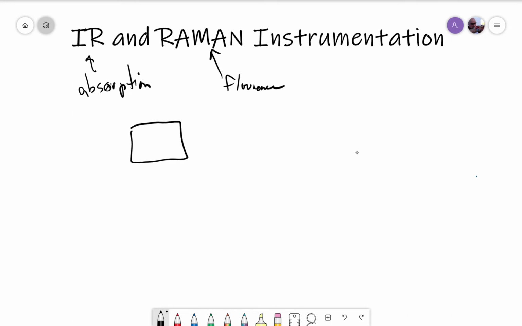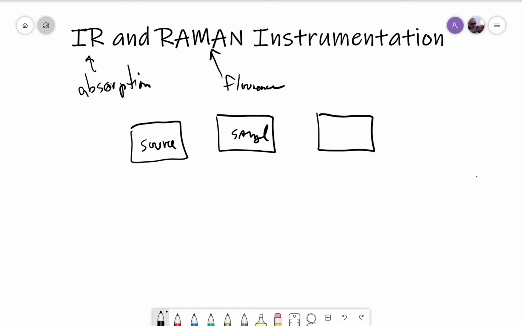In IR and in Raman spectroscopy, we still have to hold to the same basic block diagram. We have a source, we have a sample, and we have a detector. It's important to remember that detectors are wavelength specific still.